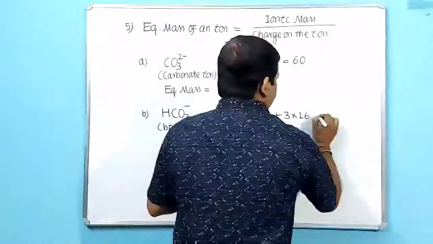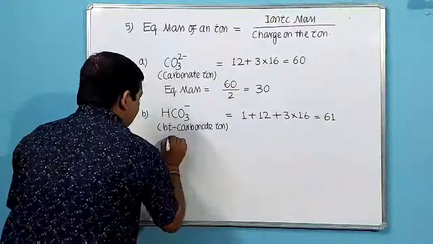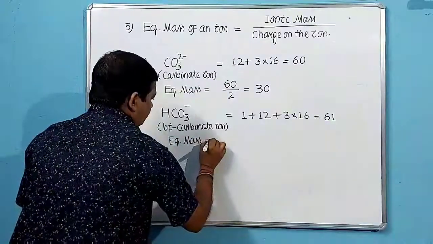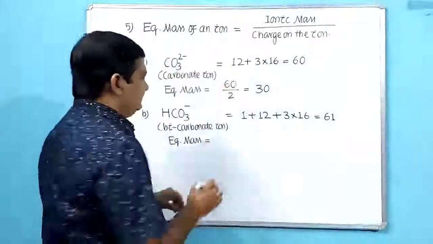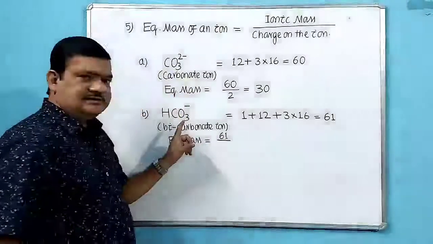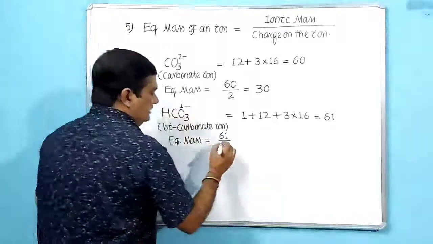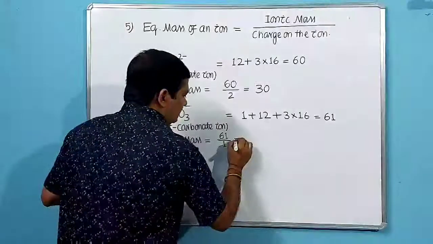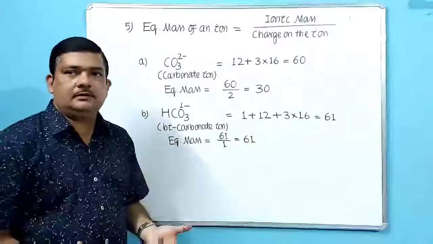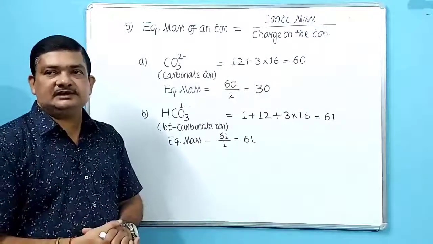So 61 u. So the ionic mass will be 61 u. So what will be the equivalent mass? Now ionic mass, that is 61, divided by charge on the ion. Minus means 1 minus. So divided by 1, 61. Very simple. If you know the correct formula of the ions, then you can easily calculate the equivalent mass of the ions.